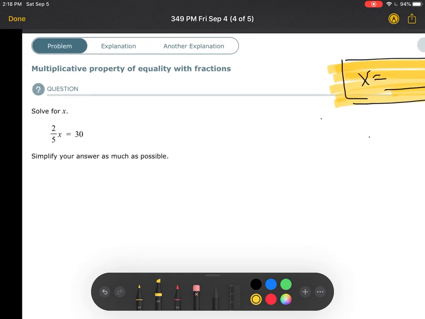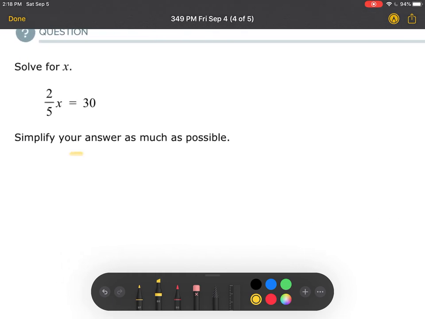Okay, so with this question, we have 2/5 x equals 30. So this says 2/5 x, so 2/5 of x equals 30.